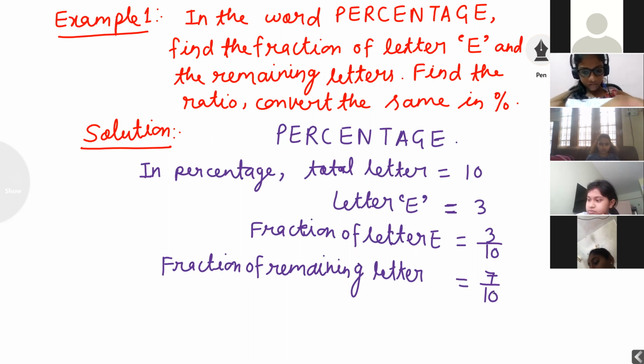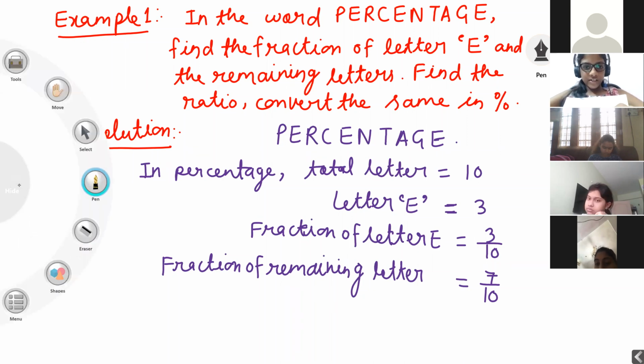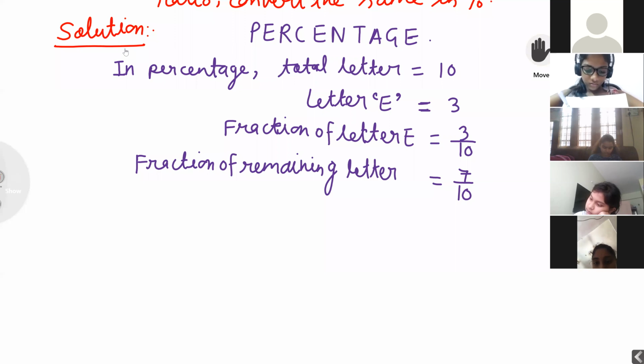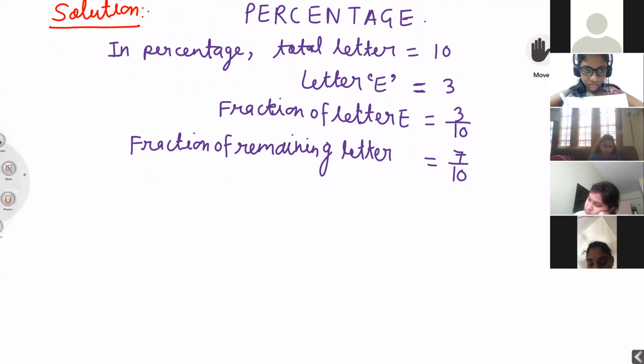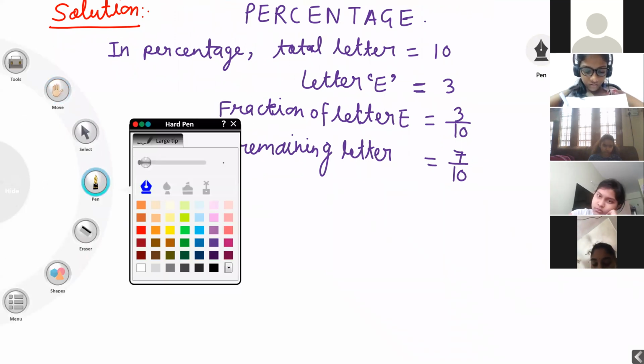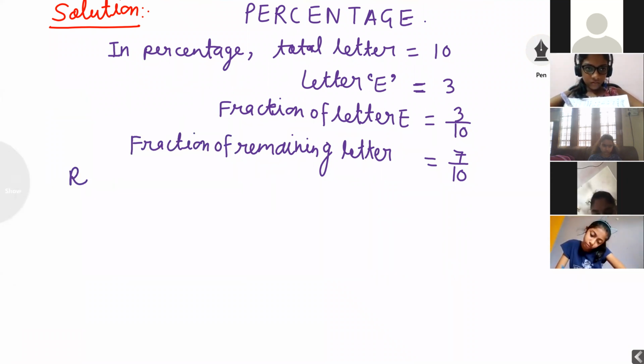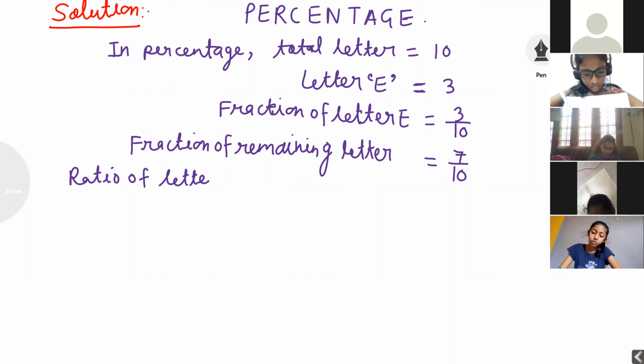Now I want to write the ratio of letter E to the remaining letters. Note down, everyone.